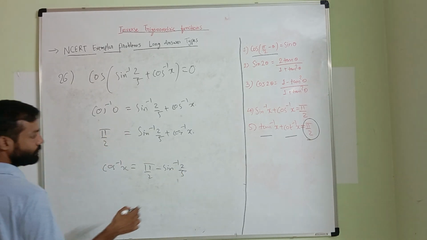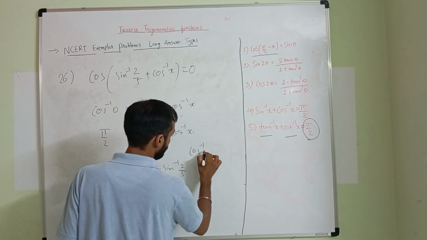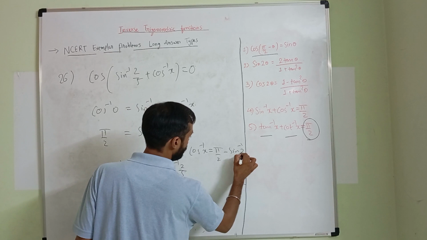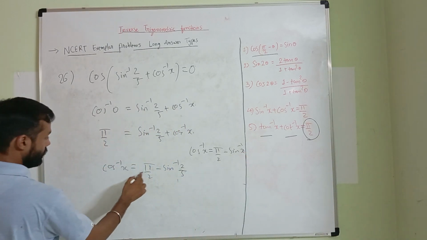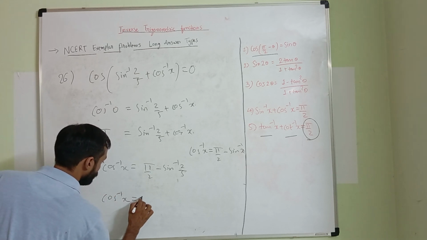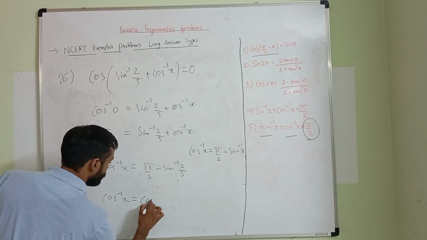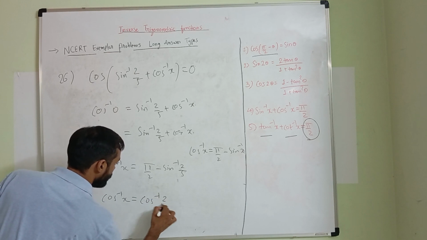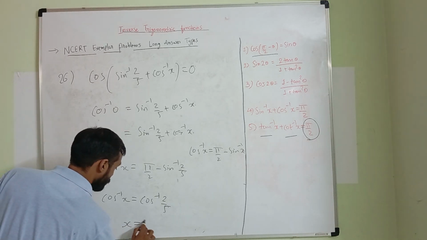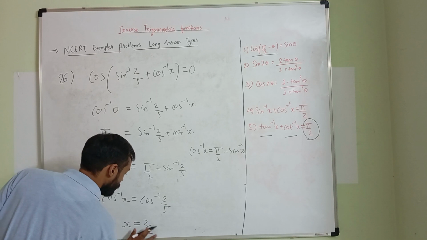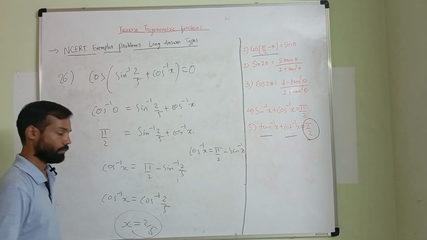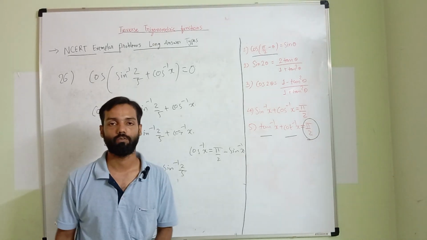Since we know that cos inverse of x is equal to pi by 2 minus sine inverse of x, finally we will get cos inverse of x is equal to cos inverse of 2 by 5. So from this we can write x equal to 2 by 5. So this is our required solution.